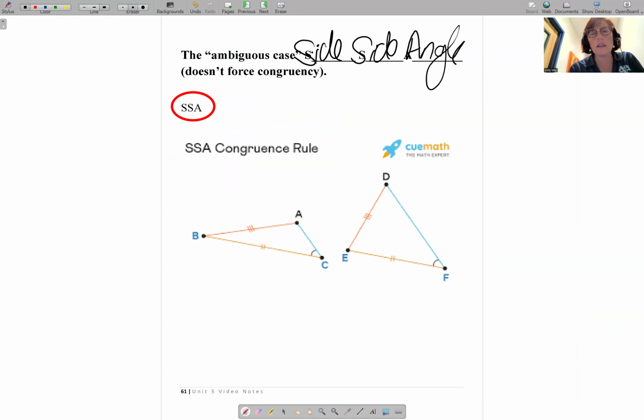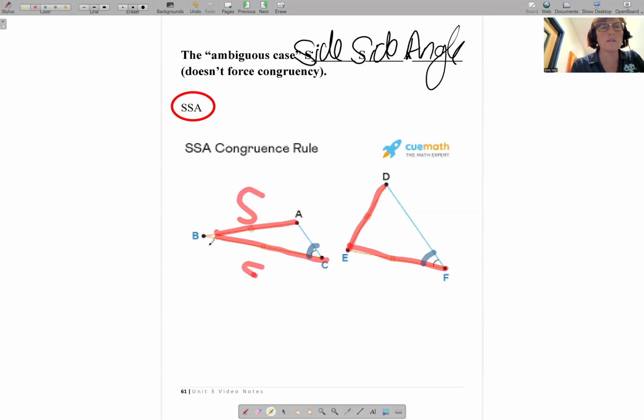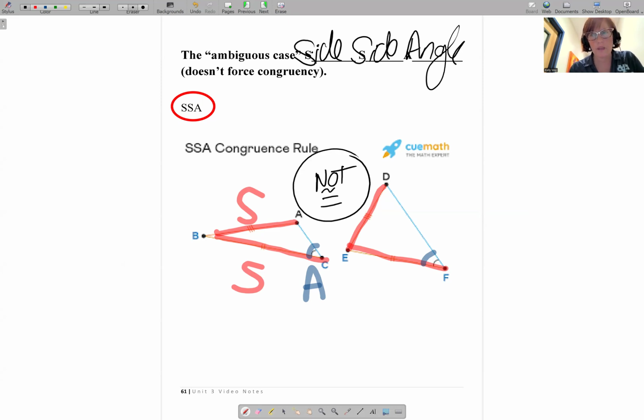And you can see here, if you have a pair of congruent sides, so these sides are congruent and they're marked congruent, and you have an angle, so this spells side, side, angle. Notice the triangles are not congruent. They're not the same. So this side, side, angle does not work as a shortcut.